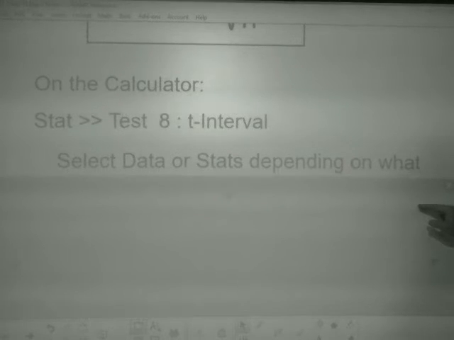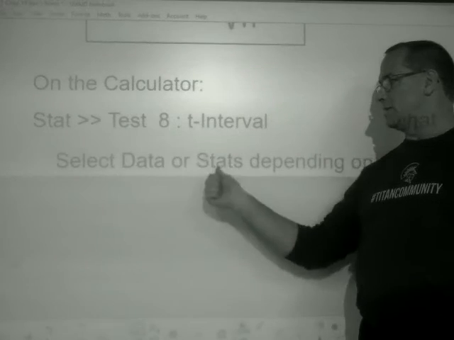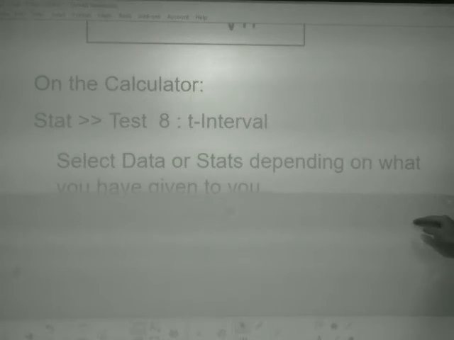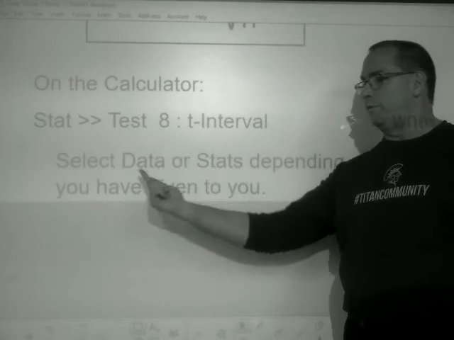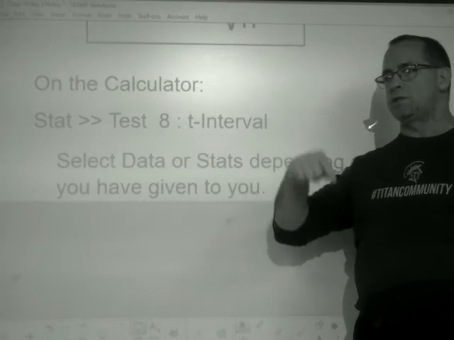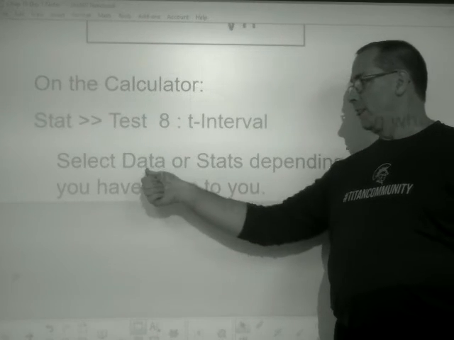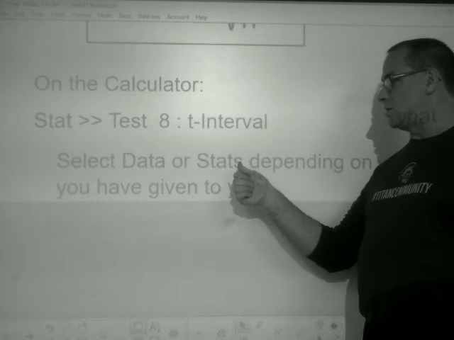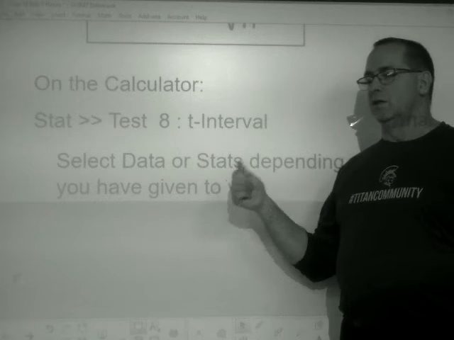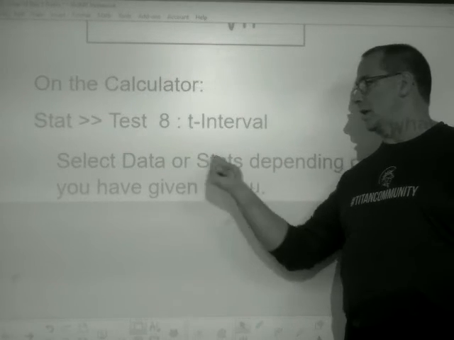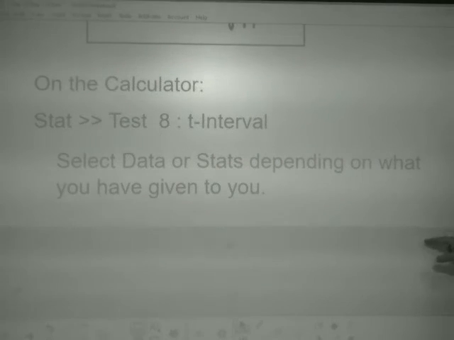It's going to say data or stats, and you have to select depending on what you're given. If I give you the actual data values, all the individual pieces of data, you select data. If I give you the stats of the data, like its mean and standard deviation, then you select stats.